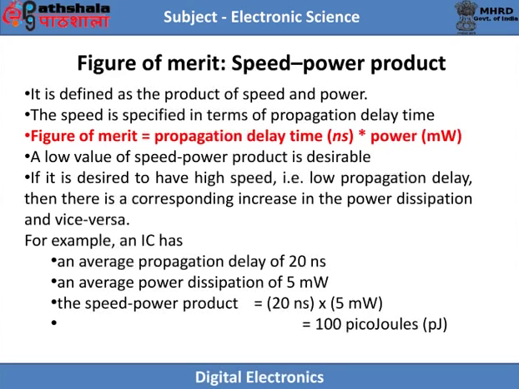Figure of merit: speed power product. The speed of a logic circuit can be increased, that is, the propagation delay can be reduced, at the expense of power dissipation. We will recall that when a bipolar transistor switches between cutoff and saturation, it dissipates the least power but has a large associated switching time delay.